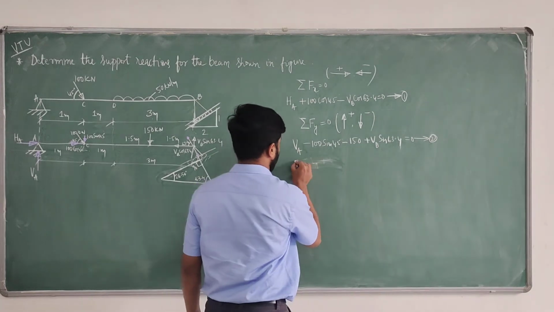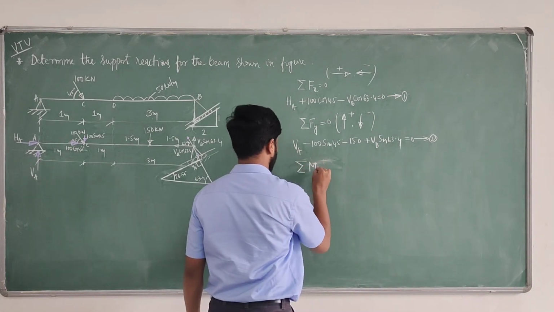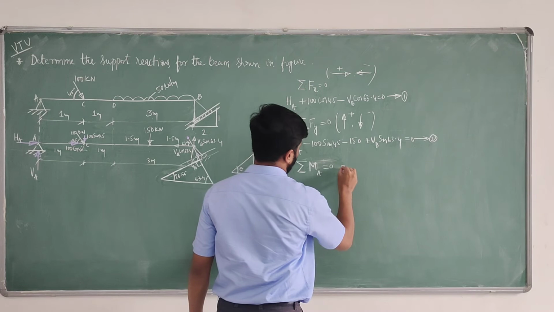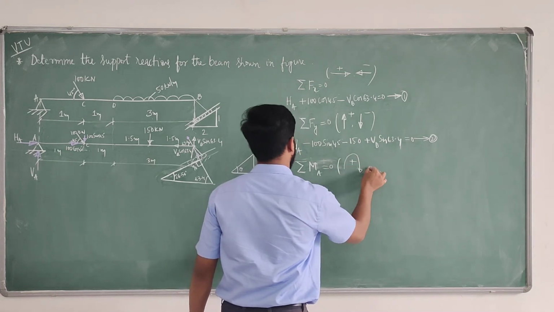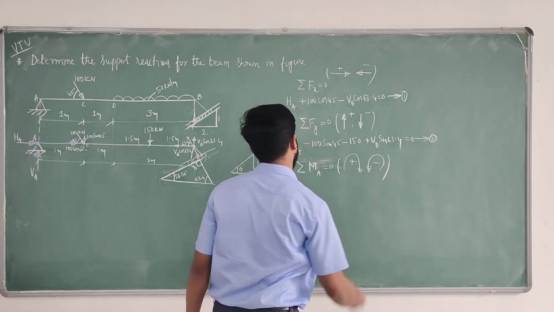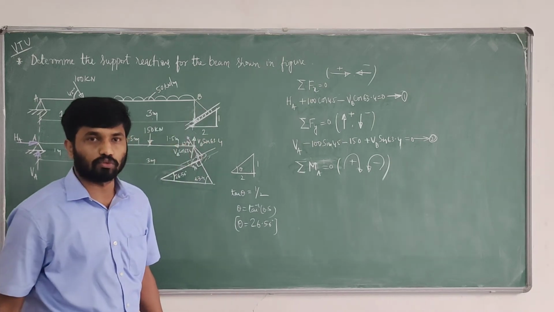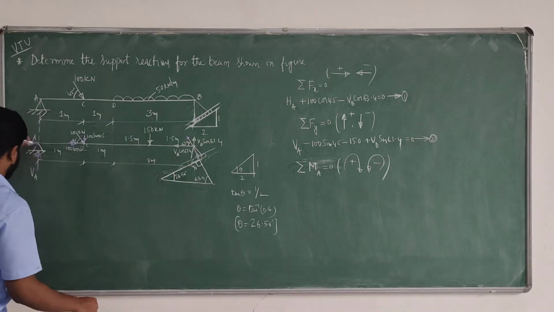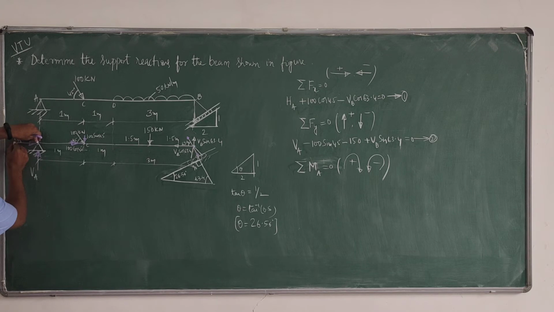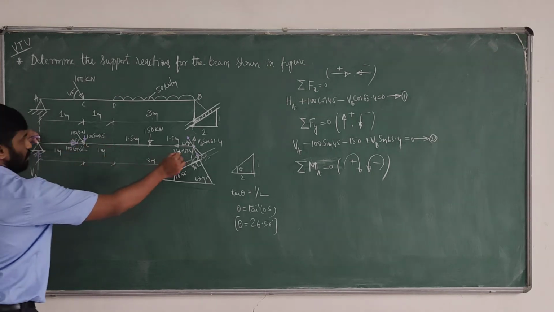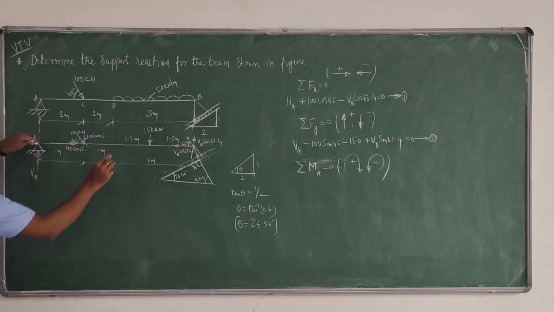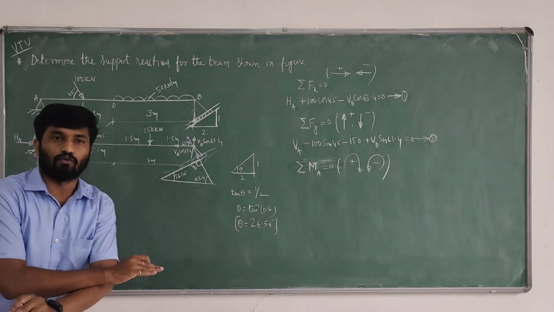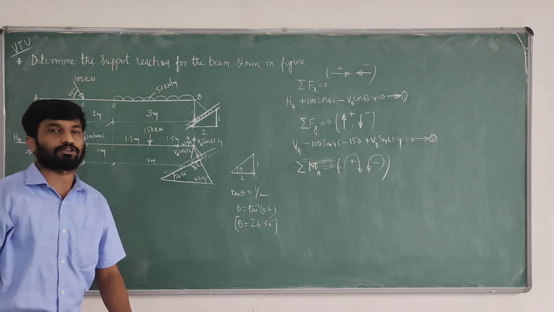Next take the third equation of equilibrium, that is sigma moment at A equals 0. All clockwise moments are assumed to be positive and anti-clockwise moments are assumed to be negative. With respect to this joint, HA, VA, this 100 cos 45 and VB cos 63.4 have the same line of action, so they won't create any moment effect.